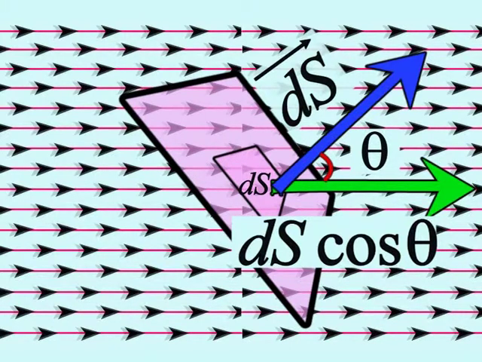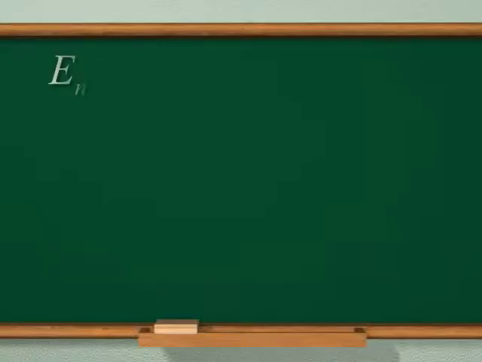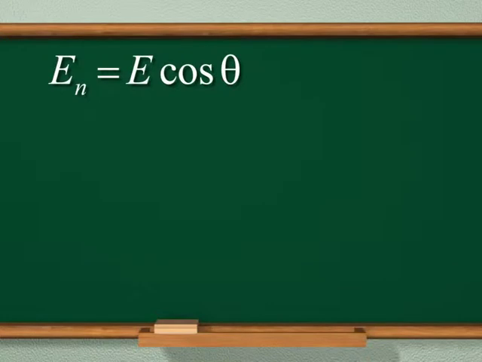The electric flux through a planar area is defined as the electric field times the component of the area parallel to the field. Thus, the component of electric field along the normal to the area element dS, that means along the area vector dS, is given by En equal to E cos theta.